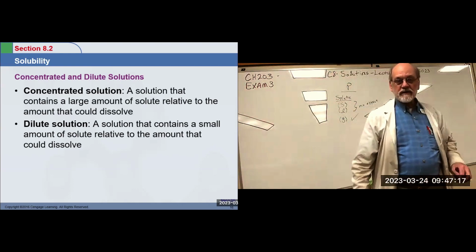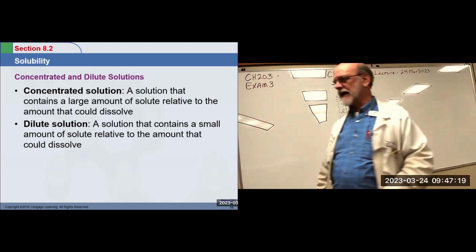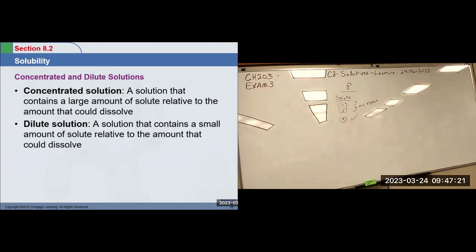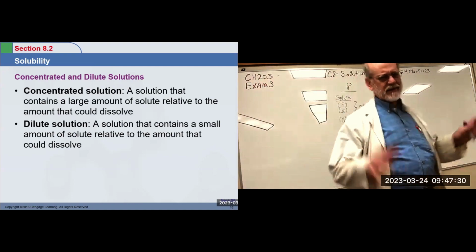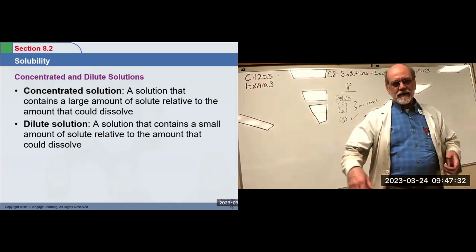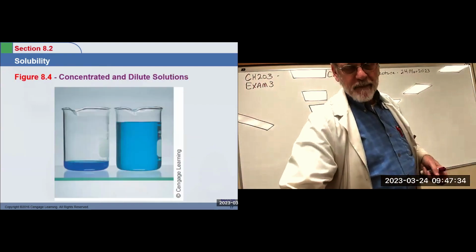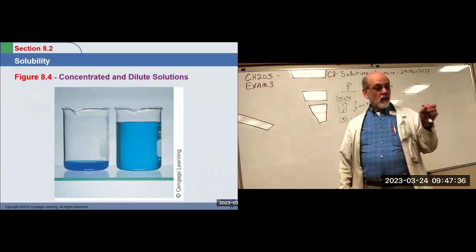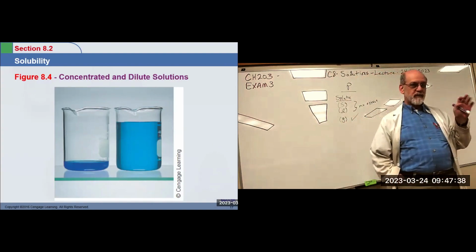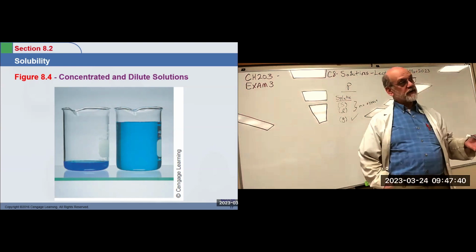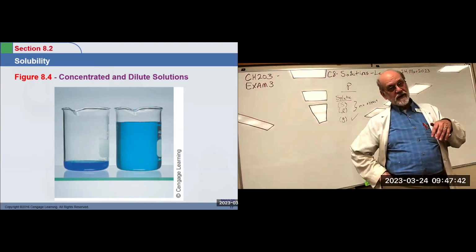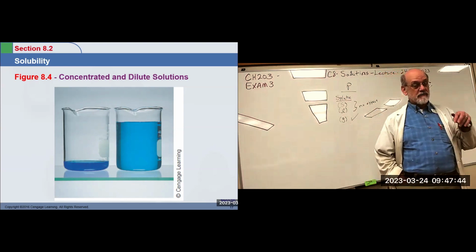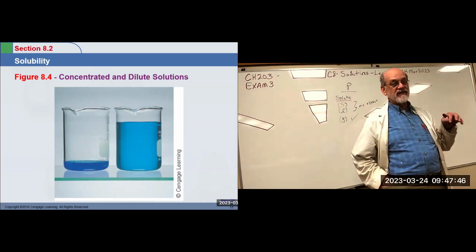All right, so we're into chapter 8. I don't know how many slides we've viewed so far, maybe 12, 13, 14, 16, something like that. So one way to prepare a concentrated solution from a dilute solution is just to find some way to remove the solvent.